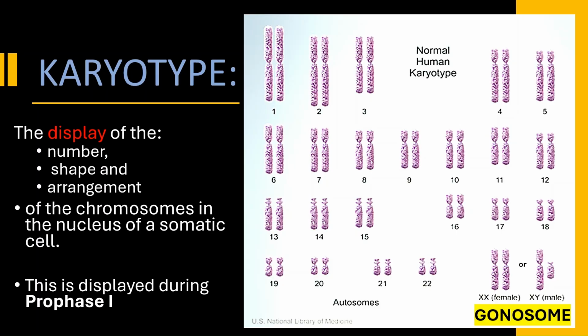These chromosomes are involved in the determination of sex. Sex here means gender. And because these chromosomes are only involved in sex determination, they are therefore called sex chromosomes. The rest of the chromosomes from 1 to 22 are not involved in sex determination.